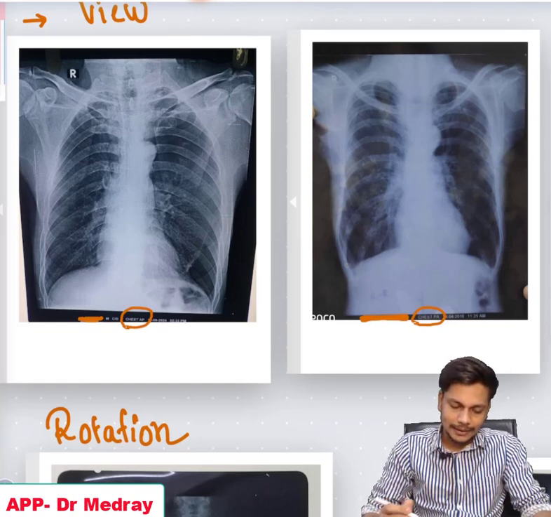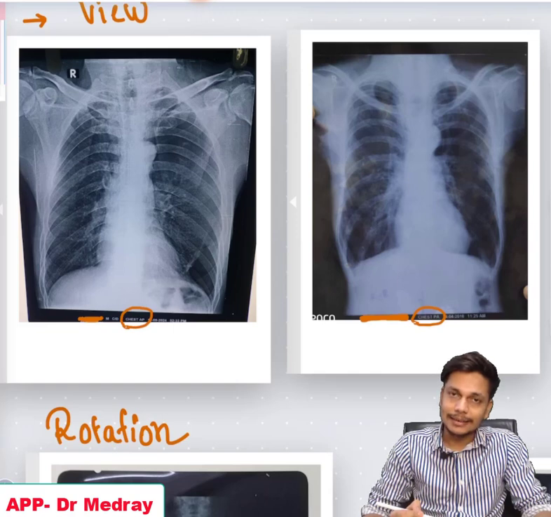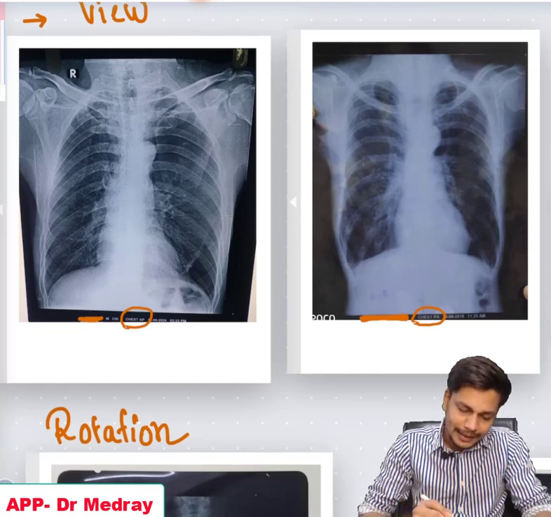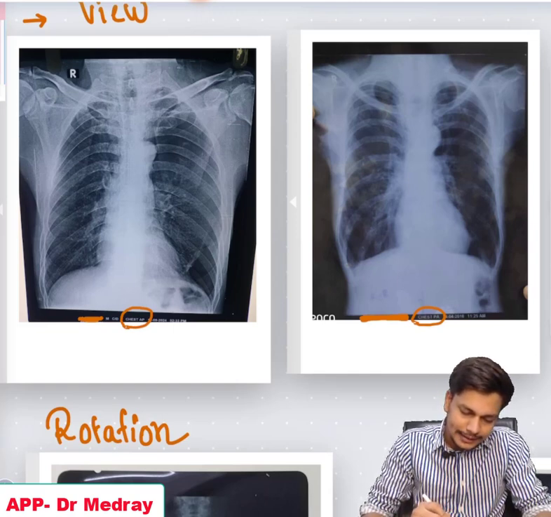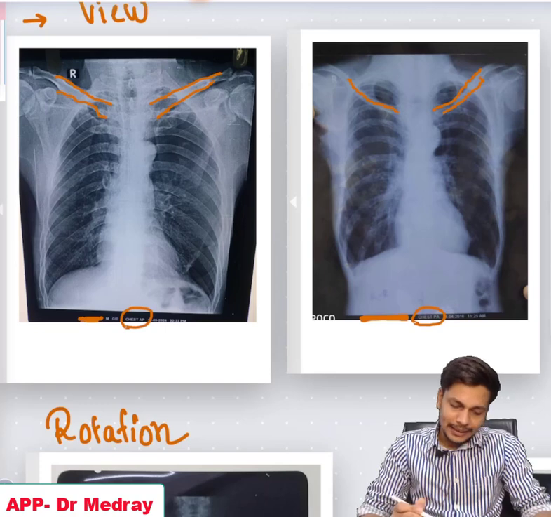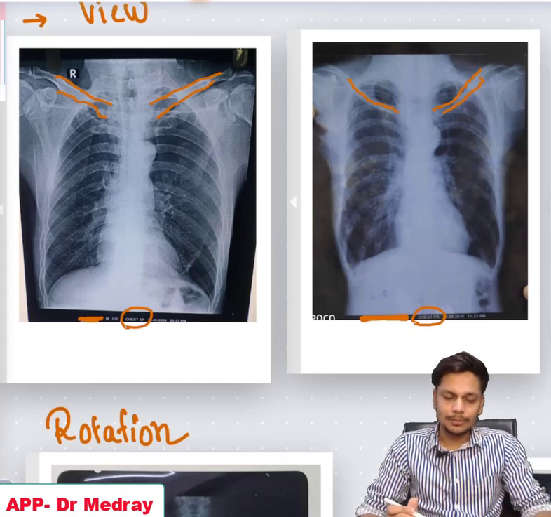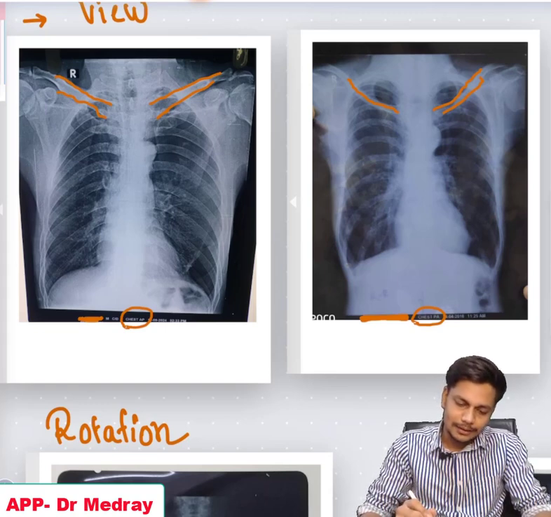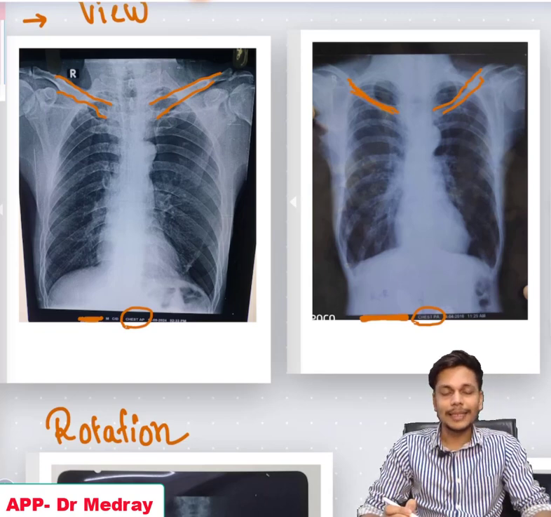In the first image, this is an anteroposterior view. Look at the clavicles. In the AP view the clavicle is more horizontal, whereas in the PA view it is more oblique.